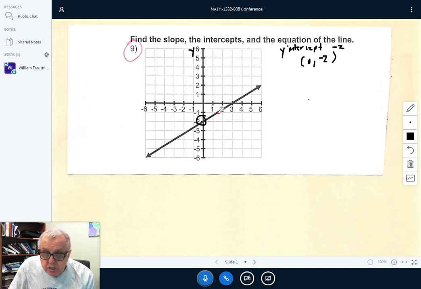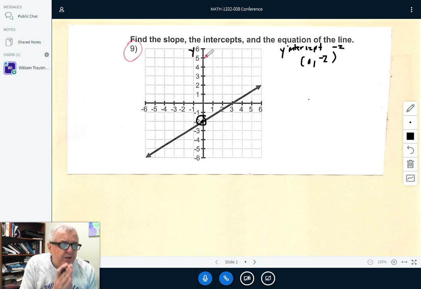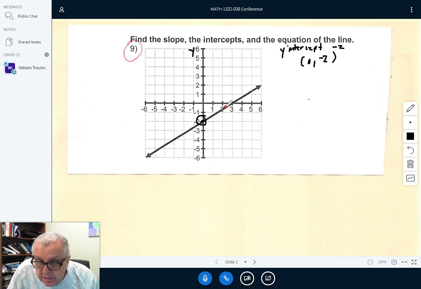Now for the slope, when you find the slope, you have to use 2 points that are in good spots, right on corners. This spot here is not good because it's in between. But this spot is really good, and this spot is really good.